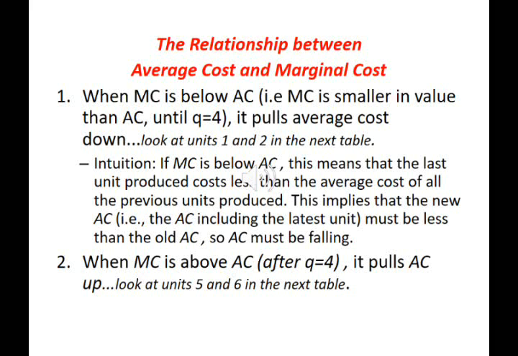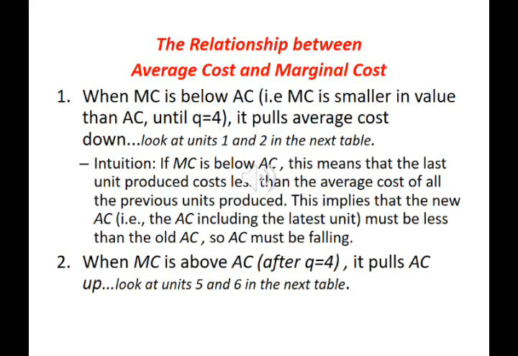The number of students has increased by 1 student, but the total weight, which is in the numerator, will only increase by a very small amount because she's very slim, which will result in a smaller new average weight. This is the same idea for the marginal cost and the average cost. So when the marginal cost is below the average cost, it will be pulling average cost downward.